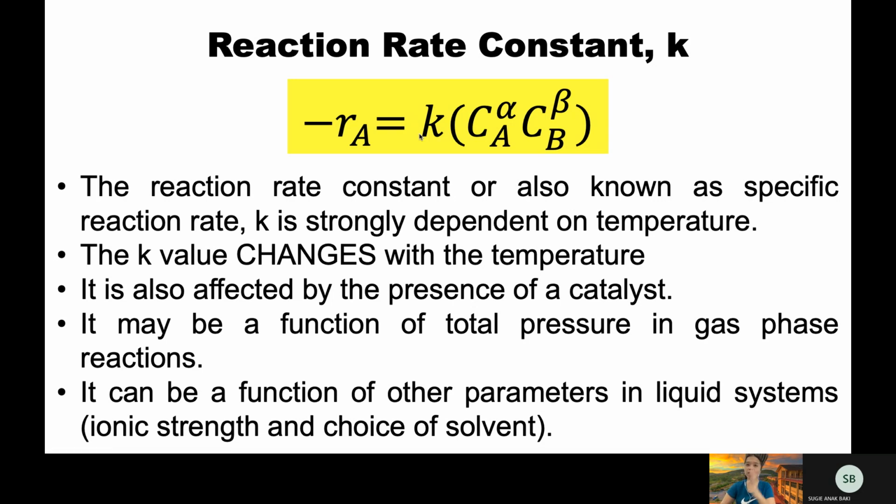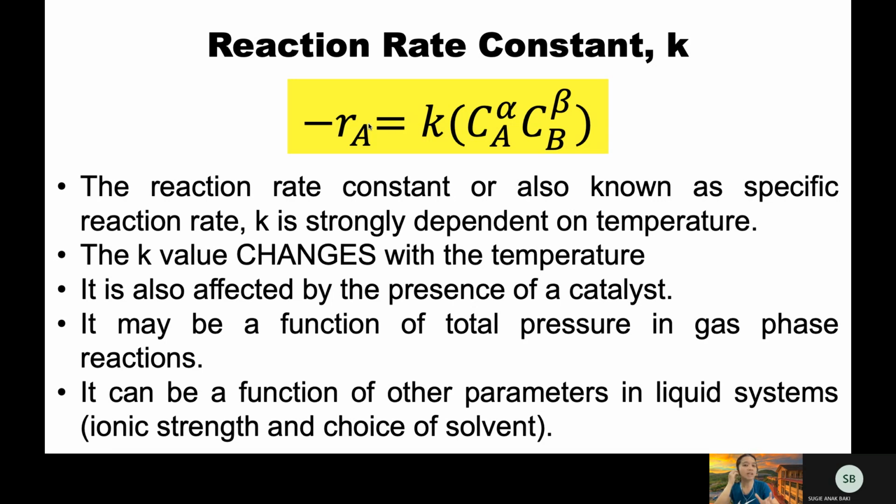Let's say in the reactor you want to increase the temperature, and you do not think about the implication. It will have an implication on the reactor performance, because when I change temperature, the value of K changes. When the value of K changes, minus RA will definitely change. If minus RA changes, if you remember, in our design equation there is minus RA.